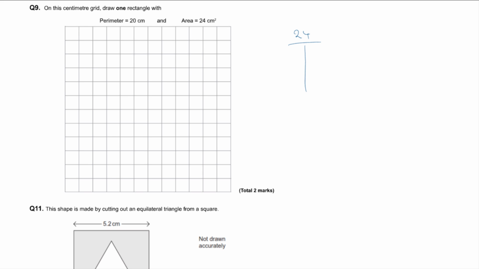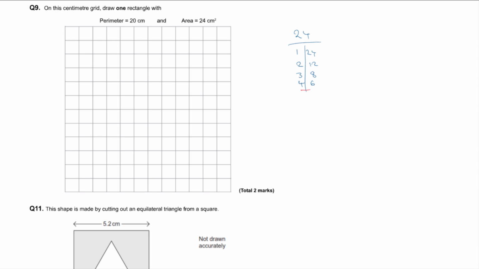It's going to be one of the pairs I write down here. So the factor pairs of 24 are 1 and 24, 2 and 12, 3, yep, 3 goes into 24, it goes in 8 times, 4, yep, 4 goes in 6 times, 5, no it doesn't, and then I've met myself coming down the other way, haven't I, because the next number is 6, so that's as far as I need to go.